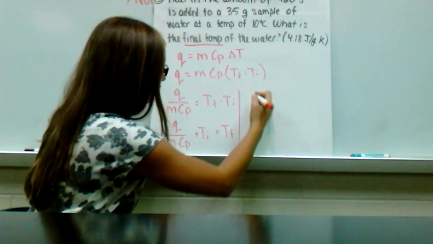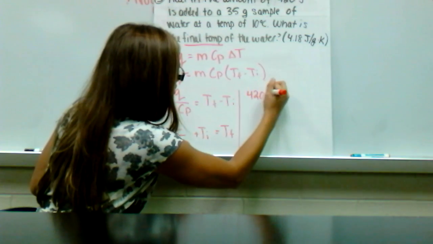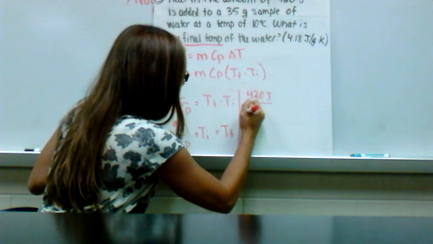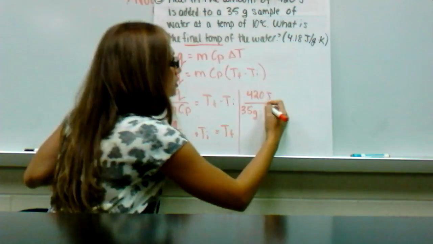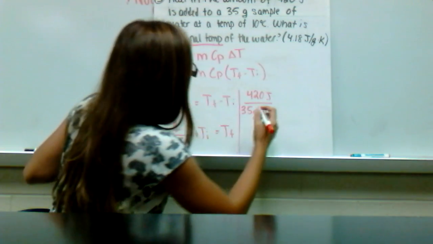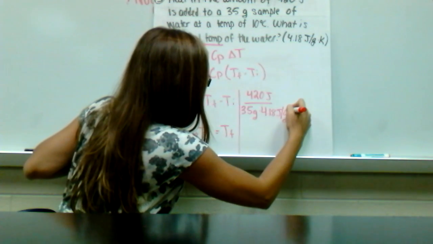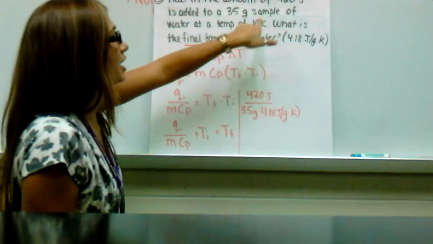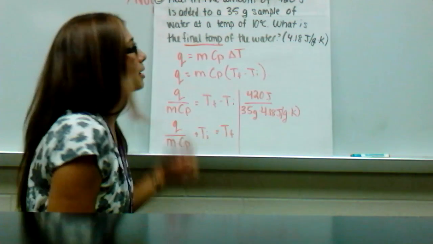Now we're just going to plug in. So I'm going to do that over here. So Q is 420 joules over our mass, which is 35, times our specific heat, and then we have to add our initial temperature.